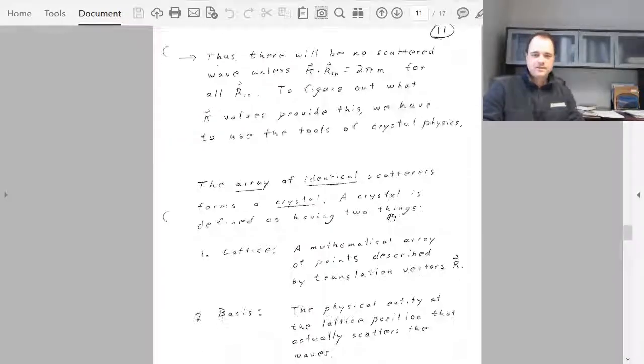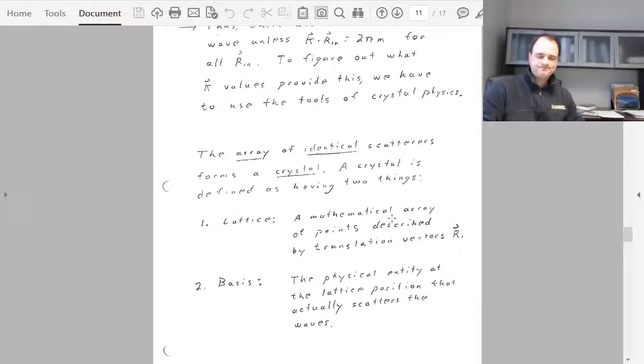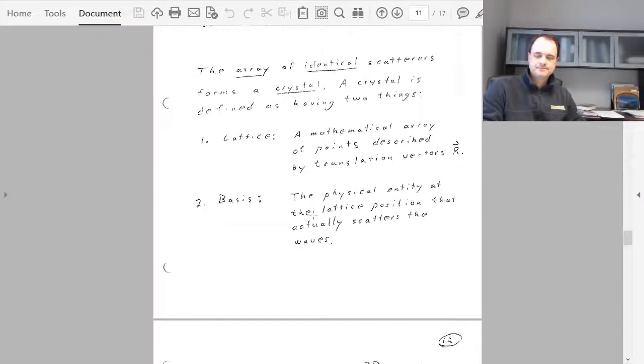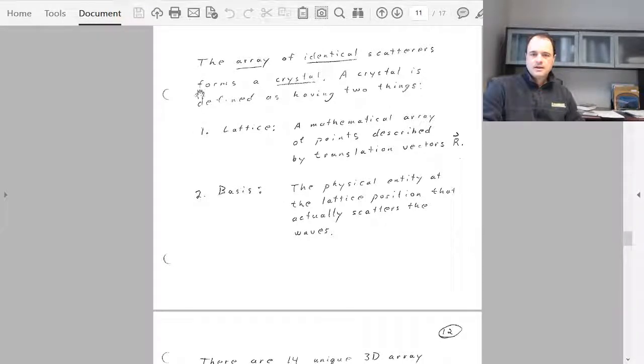All right? So, now, crystal physics. An array of identical scatterers forms a crystal. That's what a crystal is, an array of identical scatterers, or items. A crystal is defined as having 2 things, the first being a lattice. A lattice is a mathematical array of points described by translation vectors R. All right?